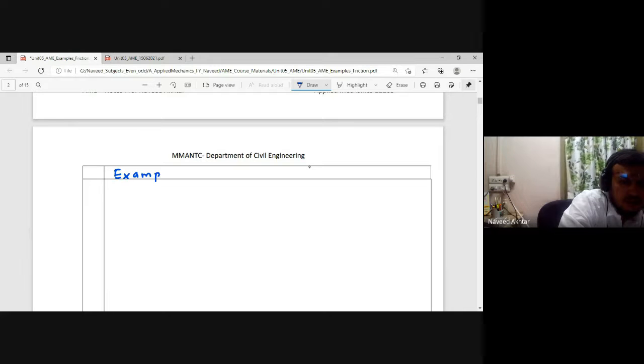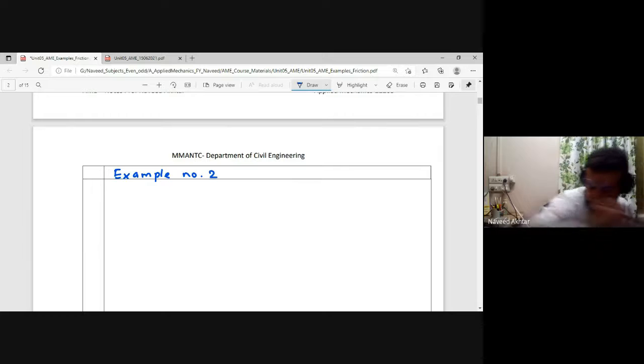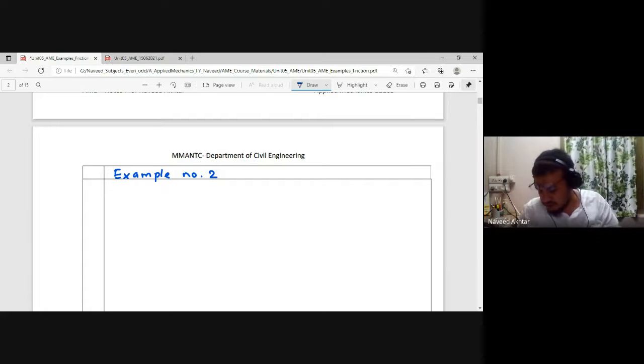Example two. A body weighing 12 kilonewton.